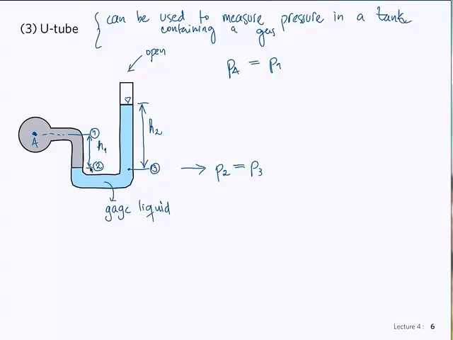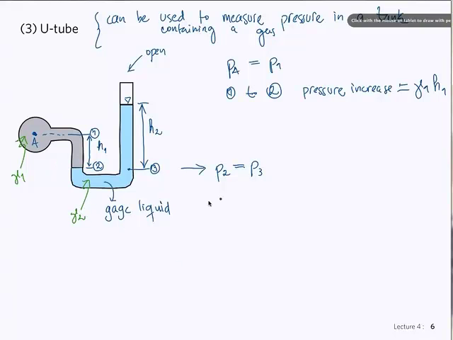From 1 to 2, we have a pressure increase of gamma 1 H1, where gamma 1 is the liquid in here, and here is going to be gamma 2. There's two fluids. This one could be a gas as well. So gamma 1 H1 is the difference in pressure between points 1 and 2. Yes? That makes sense? Okay.